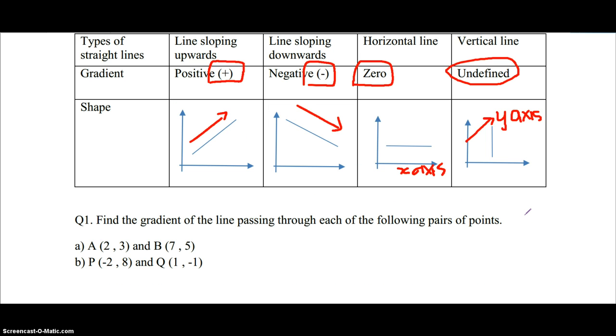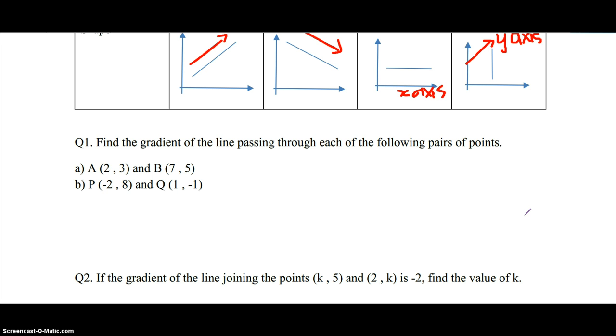Let us try some examples, keeping in mind your gradient formula: m is equal to y2 minus y1 over x2 minus x1. Find the gradient of the line passing through the following pairs of points. Let us try part A. Point A is (2, 3), point B is (7, 5).